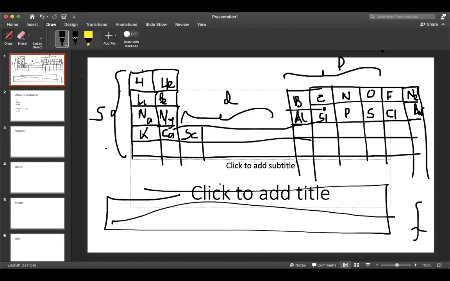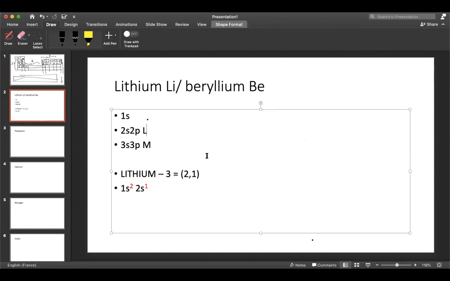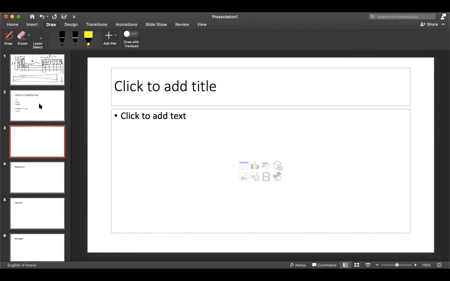So if we were to give the electron configuration for helium, I'll create another page. Helium has atomic number 2.